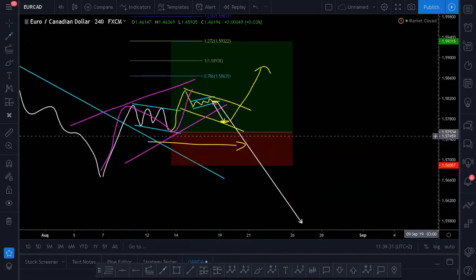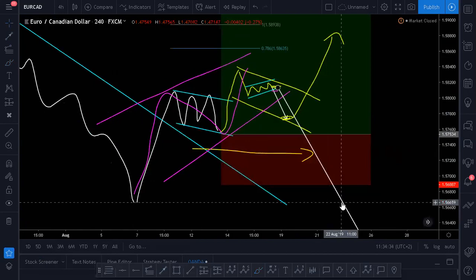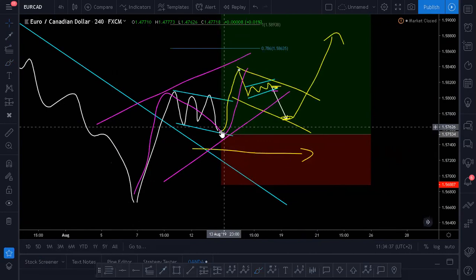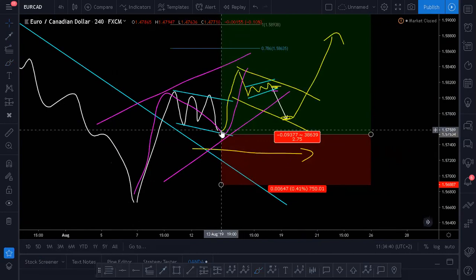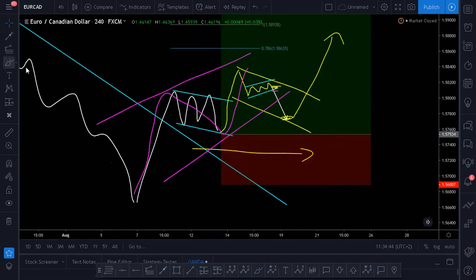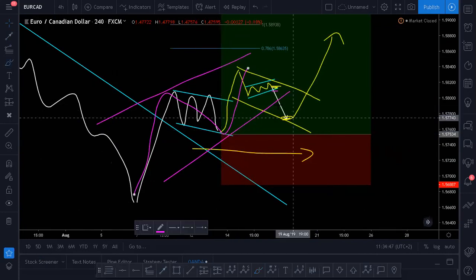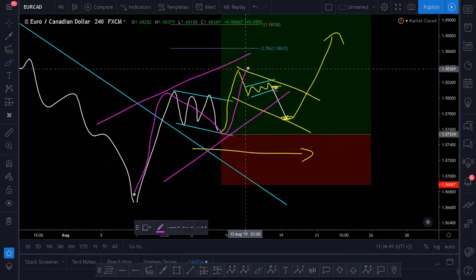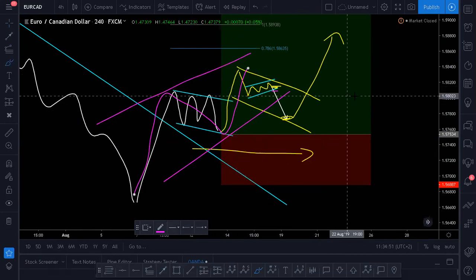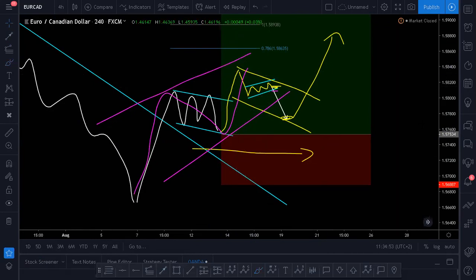Okay, but if you don't pay attention on these smaller structures, you may keep having your trades being on break even and you end up not making any money, and sometimes you might even end up taking a loss because you ignored this inner structure, because there will always be a structure within a structure.